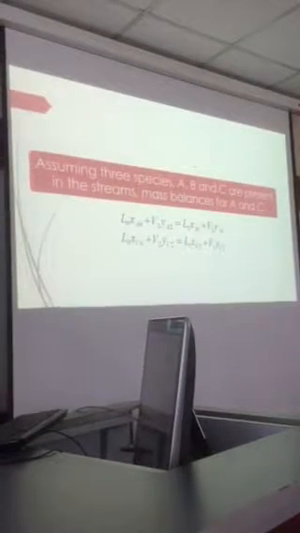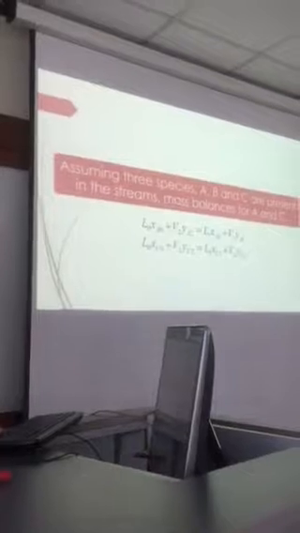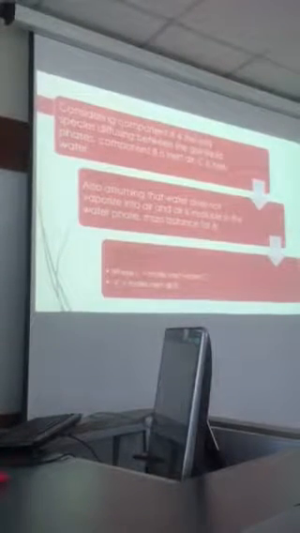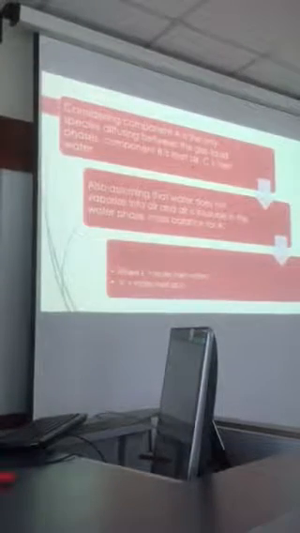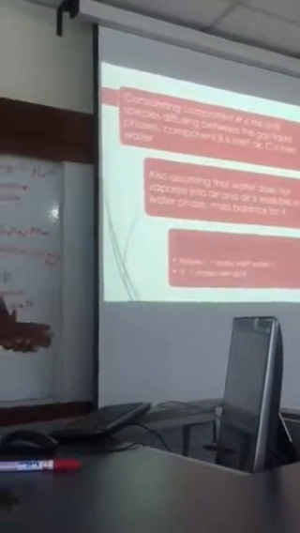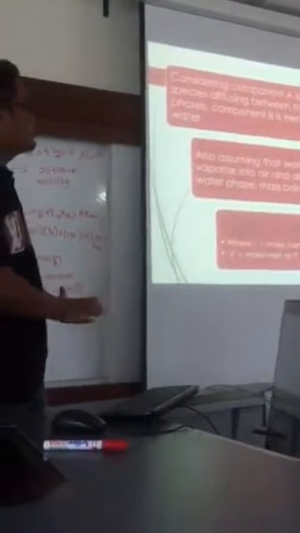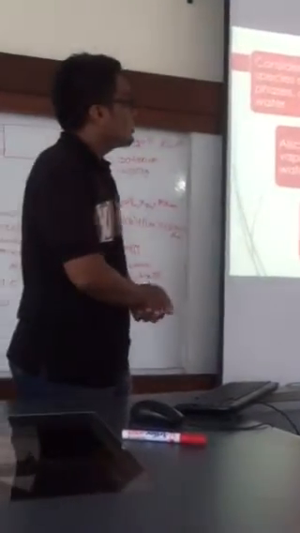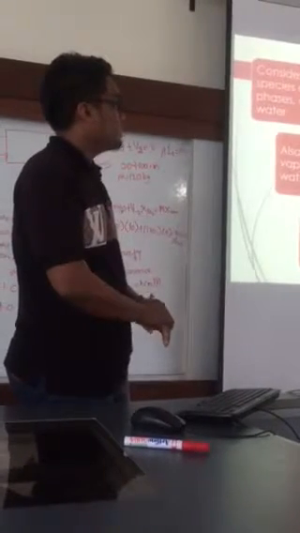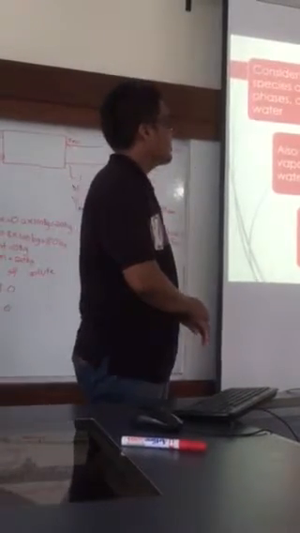There are three species present in the streams. Component A is the only species diffusing between the gas and liquid phases. Component B is in the air and C is in the water. We also assume that water does not vaporize into air and air is insoluble in the water phase.